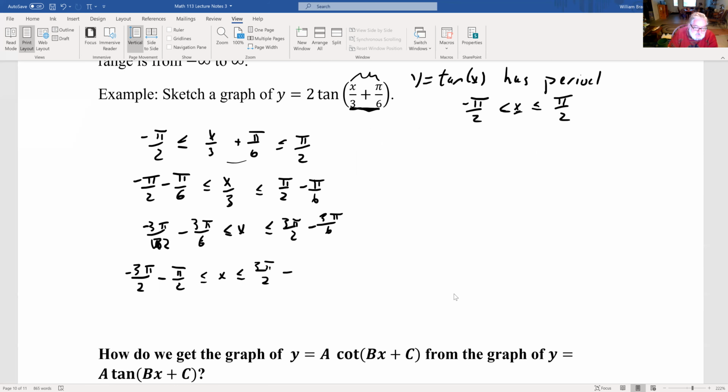Okay, so what's the length of my cycle? It's the distance between these 2 points. So minus 3 pi over 2 to 3 pi over 2, that means the length of my cycle is 6 pi over 2.